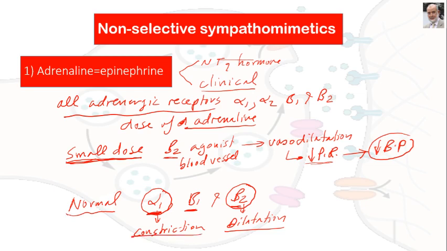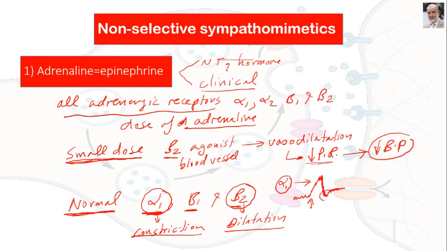Of course, at the normal dose, adrenaline has more affinity to alpha-1 receptor. So what will we see if we inject adrenaline? I'll see alpha-1 effect, so an increase in blood pressure. This is an alpha-1 effect. So adrenaline in the normal therapeutic dose will produce an increase of blood pressure plus a slight decrease at the end of the effect.